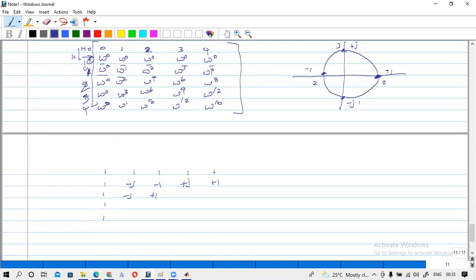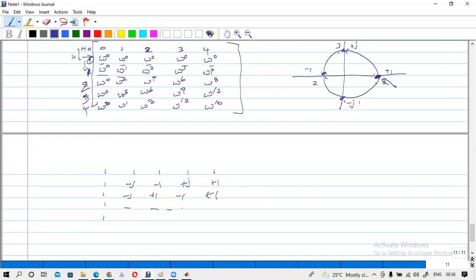So you have to calculate 6: 0, 1, 2, 3, 4, 5, 6. So it will be -1 again. So this is W8. You will have to calculate 8: 0, 1, 2, 3, 4, 5, 6, 7, 8. Again this one, +1.